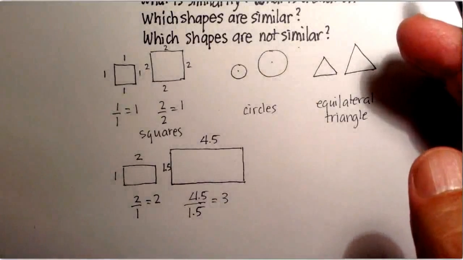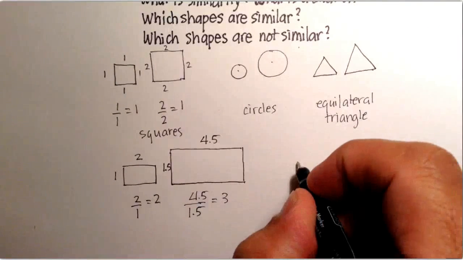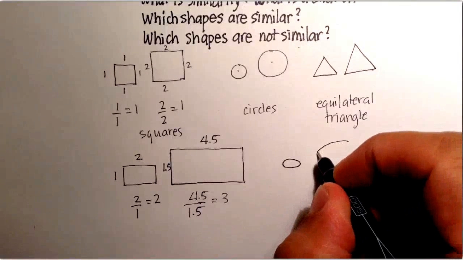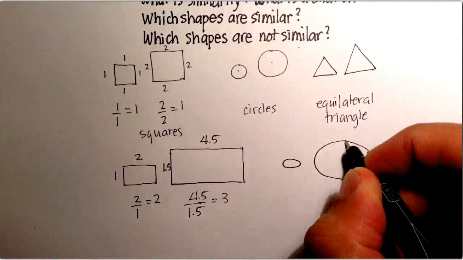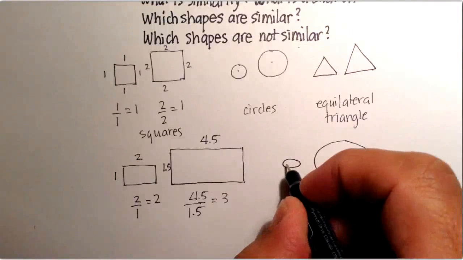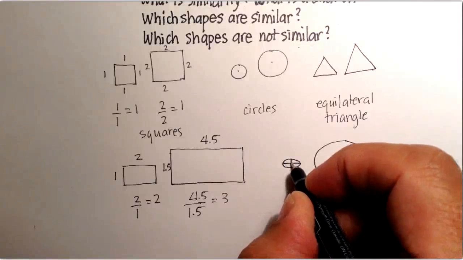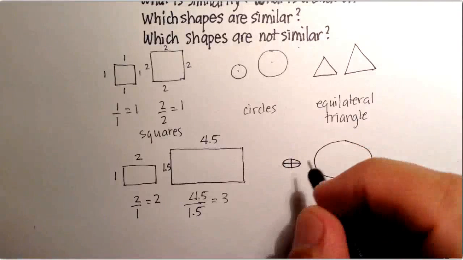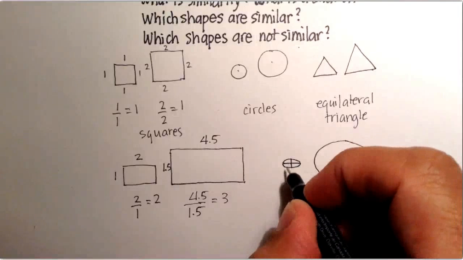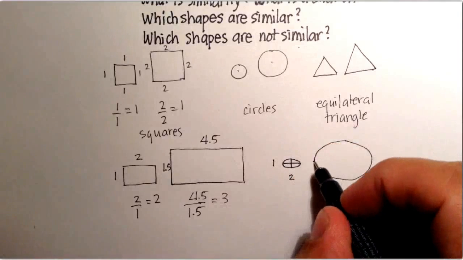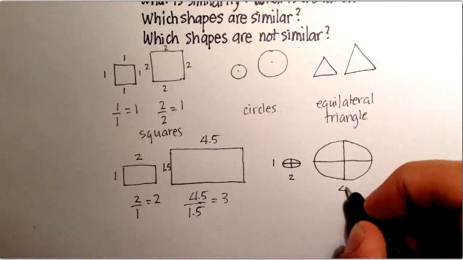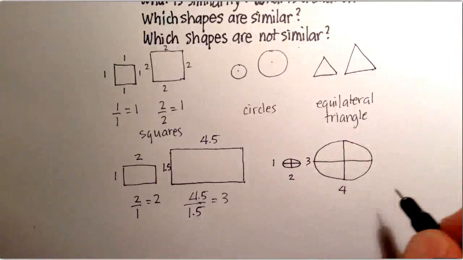What's another shape that won't necessarily be similar? An oval. Let me give you another example. Or an ellipse, that's just another way of saying it. What we can do is take the ratio of the two cross diameters. Let's say in this direction it's 2 and in this direction it's 1. But in this oval, let's say something like 4 and 3.